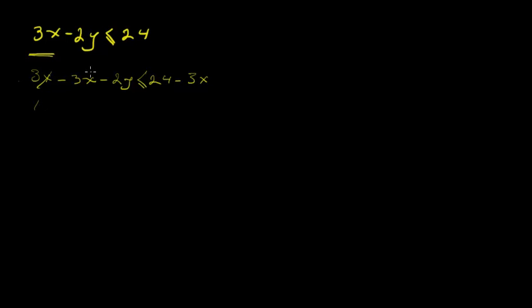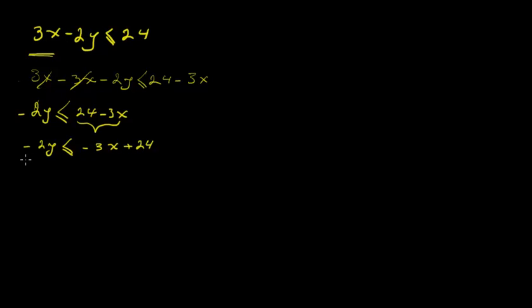Then these two cancel out. We'll have minus 2y less than or equal to 24 minus 3x. We can rearrange this and we'll have minus 2y less than or equal to minus 3x plus 24.